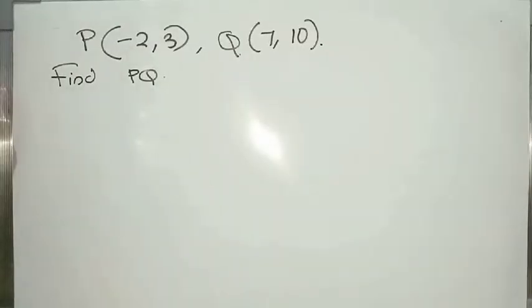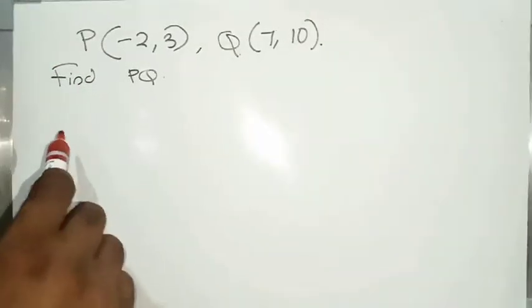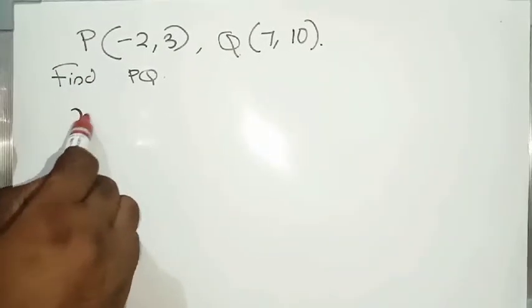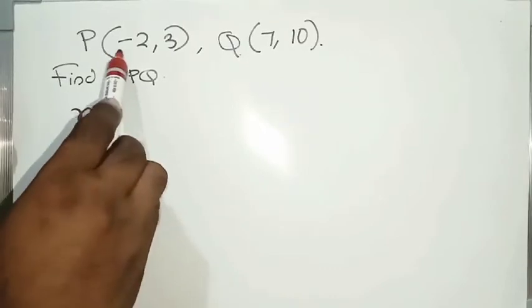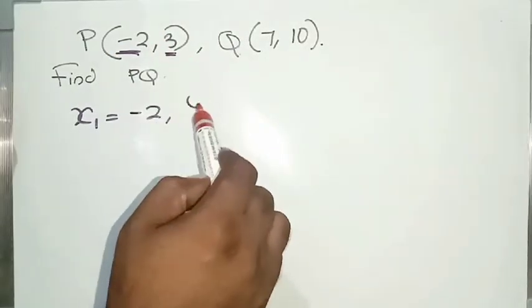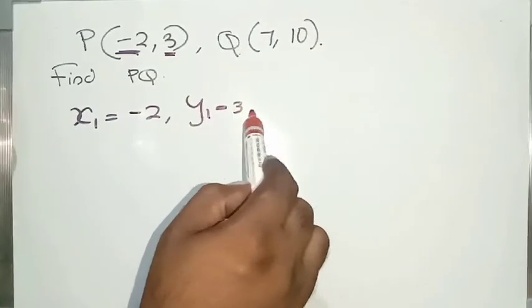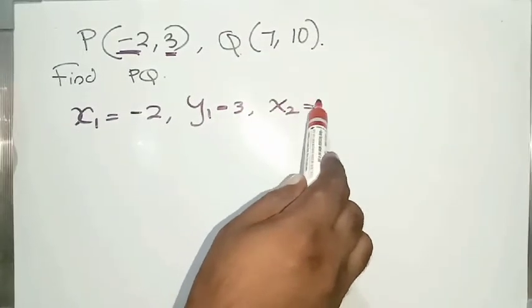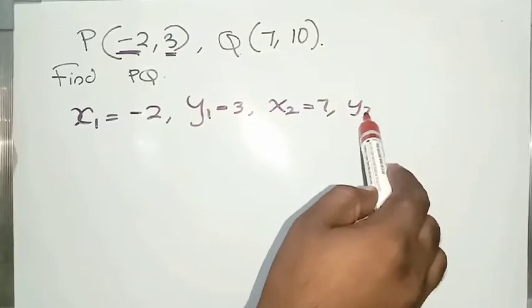Next question is P(minus 2, 3) and Q(7, 10). Find the length of PQ. So let's write x1, y1 and x2, y2. Here x1 is minus 2 and y1 is 3, so x2 is 7 and y2 is 10.